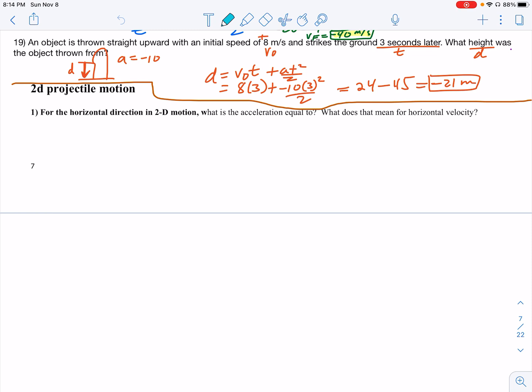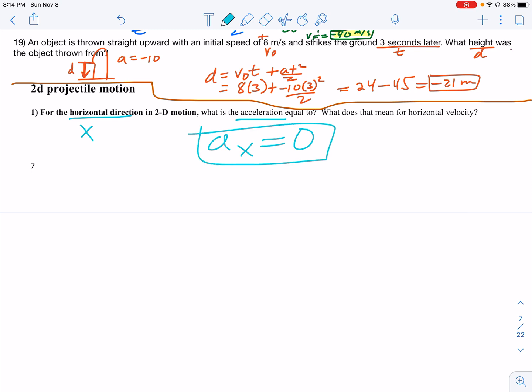For a horizontal direction, when I say horizontal, I mean x direction. What is the acceleration equal to? So ax is equal to what? 0. Why?